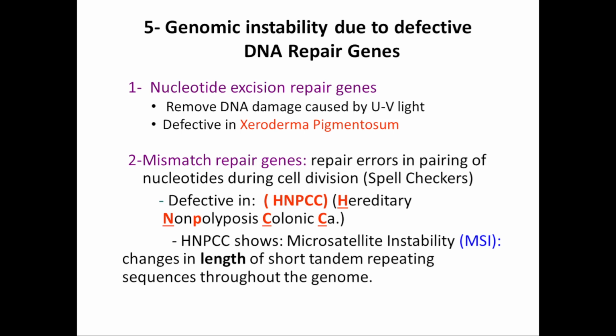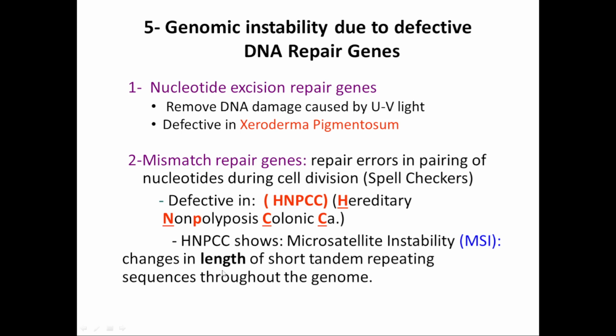These repeats, small segments of the DNA, are called microsatellites. In microsatellite instability, the number of microsatellites in these people is increased. They are mismatched and repeated because there is no sensing of this mismatching.